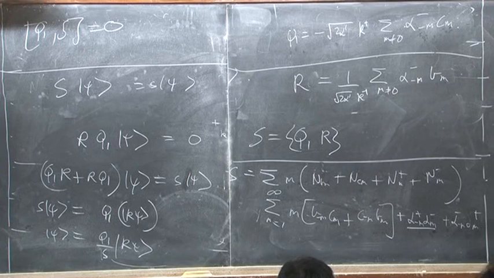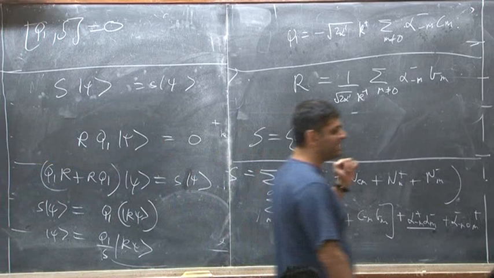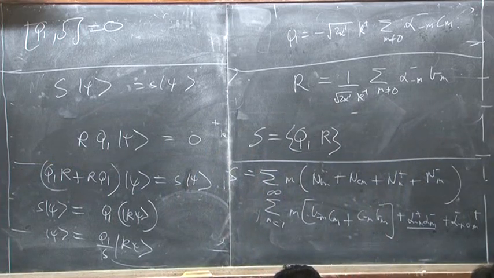And so we've concluded that there's no cohomology at S not equal to 0, and every state at S equals 0 is in the cohomology. And so the cohomology of Q1 is precisely the same as the set of states that have S equals 0.